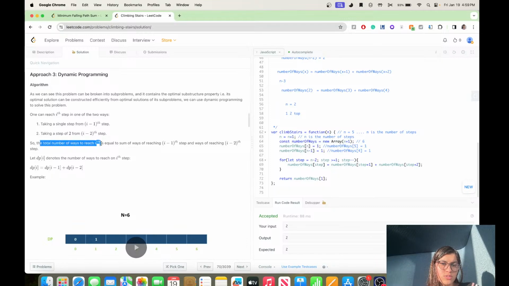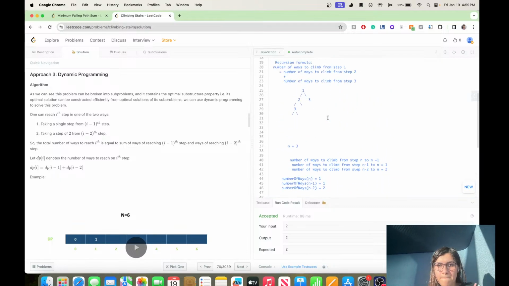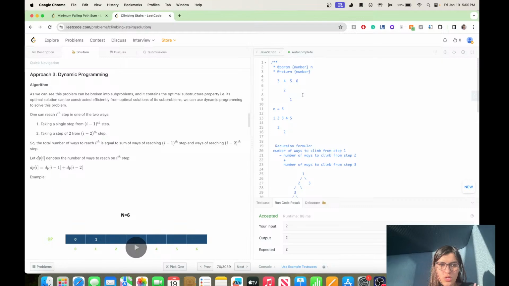Now, total number of ways to reach the ith step is equal to the sum of ways of reaching the i minus 1th step and reaching the i minus 2th step. So total number of ways to reach this one is equal to total number of ways to reach this one plus total number of ways to this one.